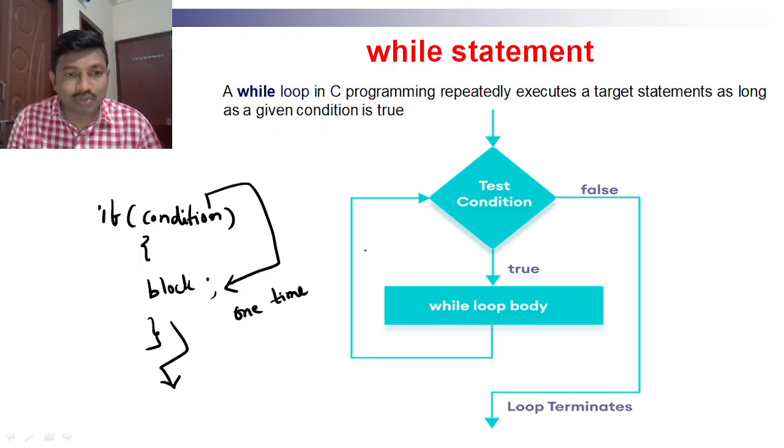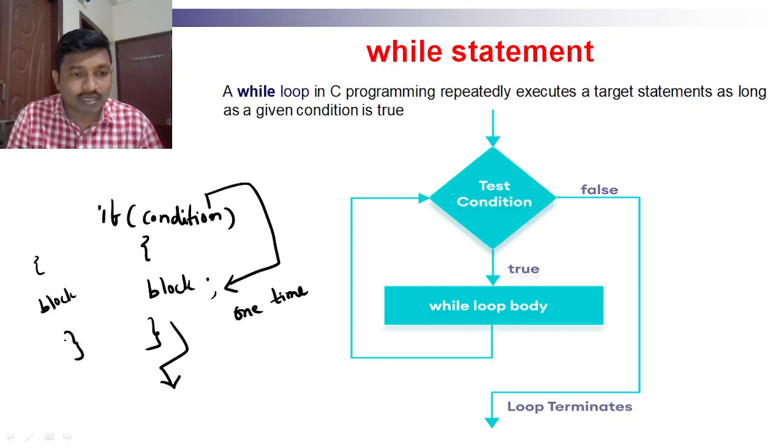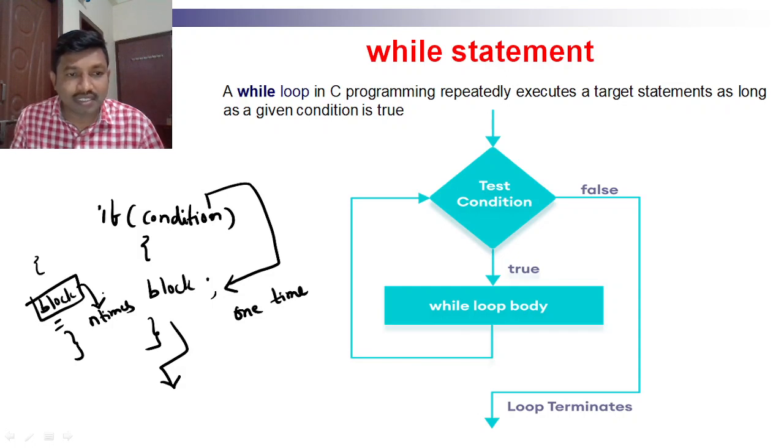But there are situations where you would like to execute a certain set of statements, say one block of statements, n times. Then the if statement is helpless for us. In such cases, we go with the loop control statements in C language.